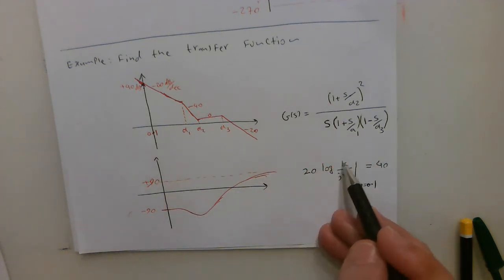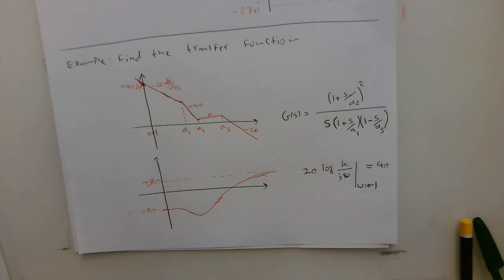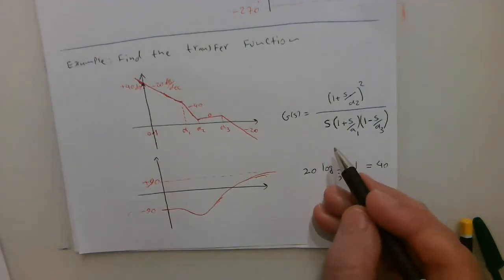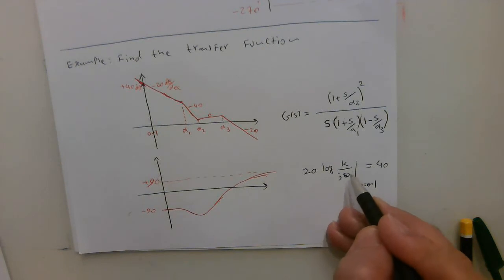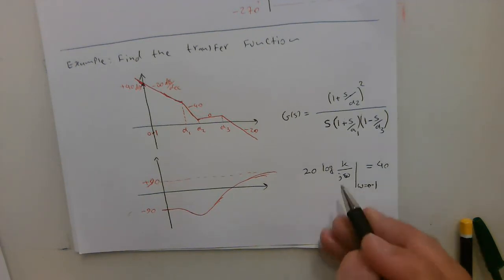Therefore 20 logarithm of k over j omega, and j omega is actually s when you substitute s equal j omega, at frequency equal 0.1, should be 40.